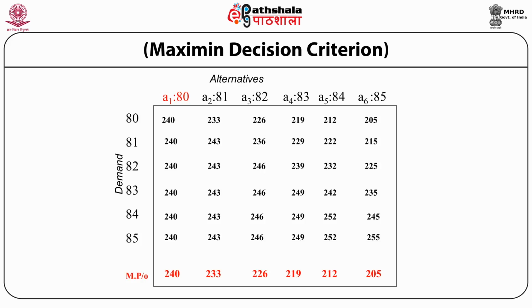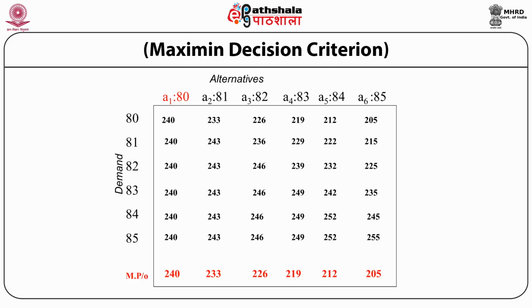So it's easy to understand from the given slide that it is showing the payoffs for all possible alternatives in view of all possible outcomes. Now here we observe that first we have calculated the minimum payoff for every alternative: for strategy A1 it is rupees 240.